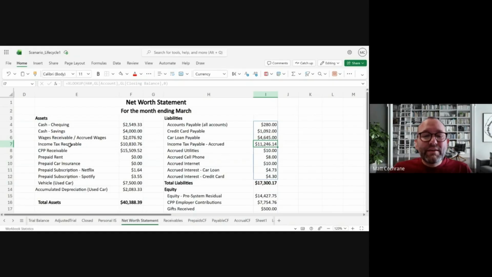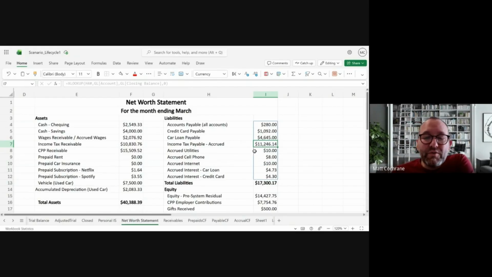The reason why our income tax receivable and our income tax payable do not match is because we only realize the income tax receivable when we receive the paycheck, whereas with the income tax payable, we realize that when we earn the income, okay? So that's important, and we'll deal with that when we get to this cash flow statement.